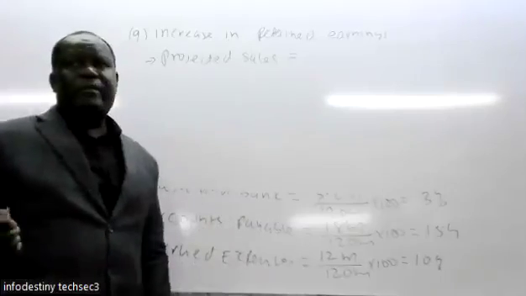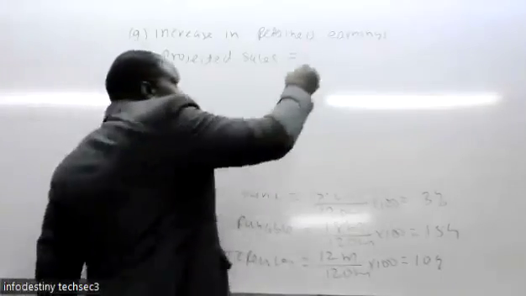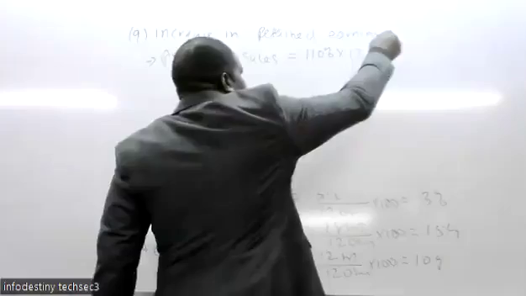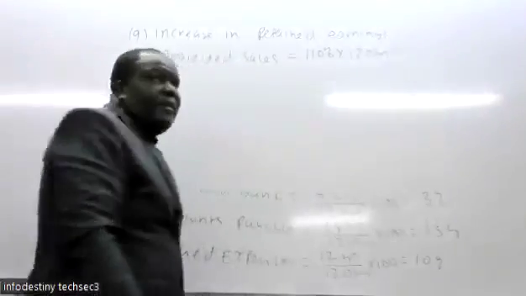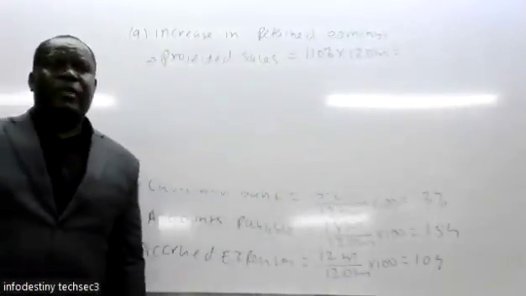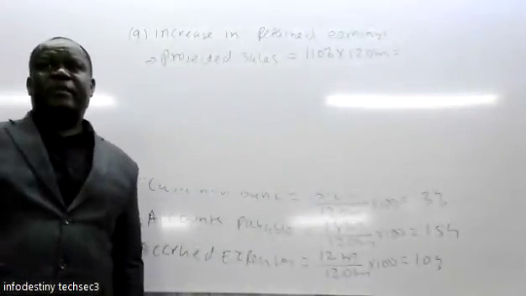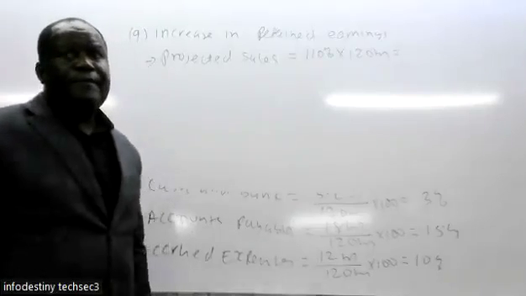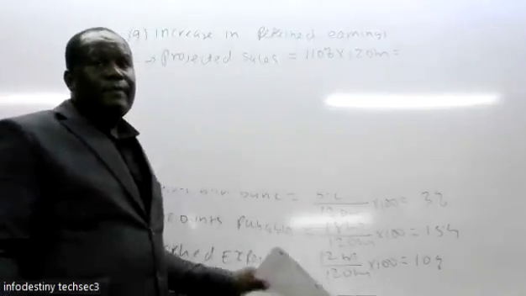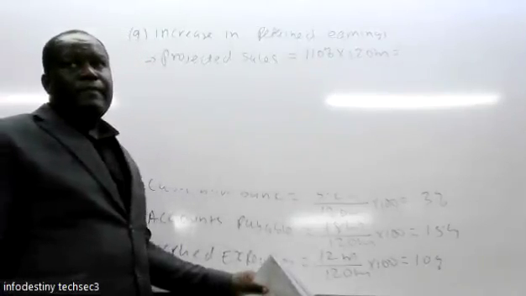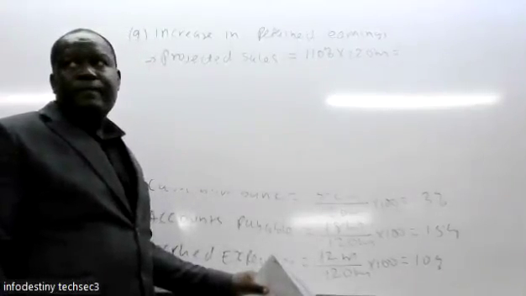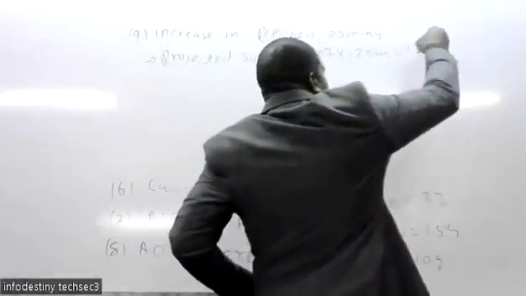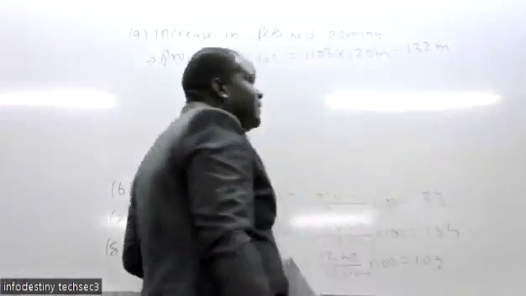So if it will increase by 10%, we simply get 110% of 120 million, because currently our sales in note number 1 is 120 million. So we get 132 million.